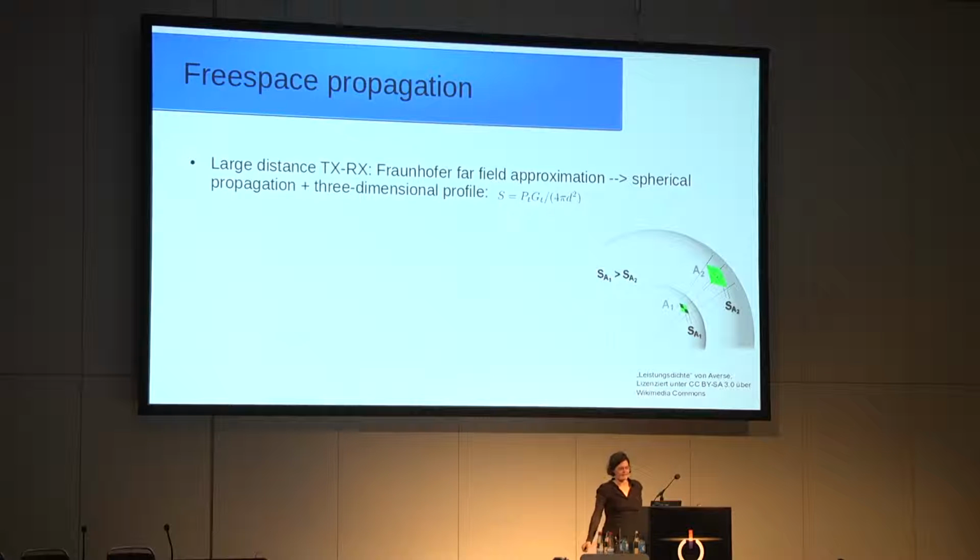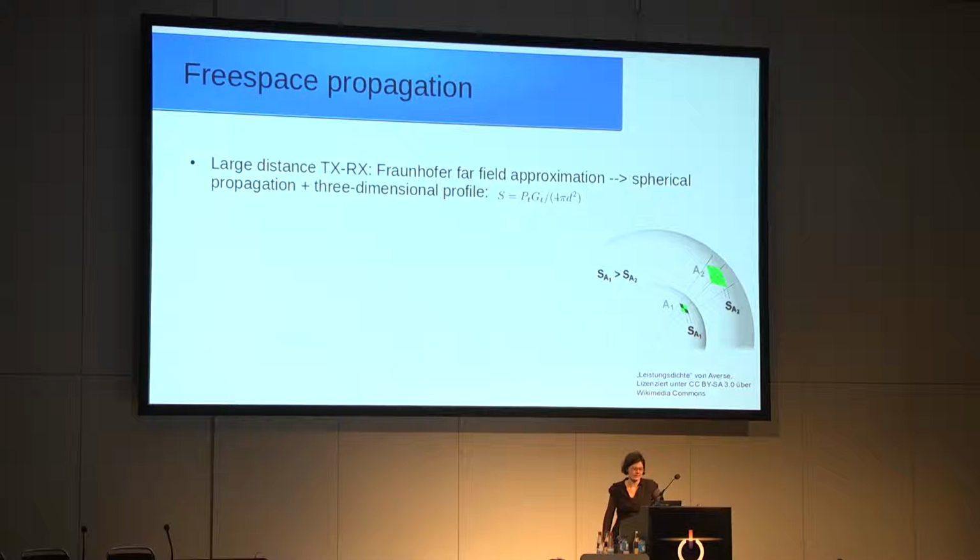We can divide the propagation: the area on a sphere grows. Here we get a small area, and then if we move farther away from our transmitting antenna in the middle, the area on the sphere grows proportional to the square of the distance.